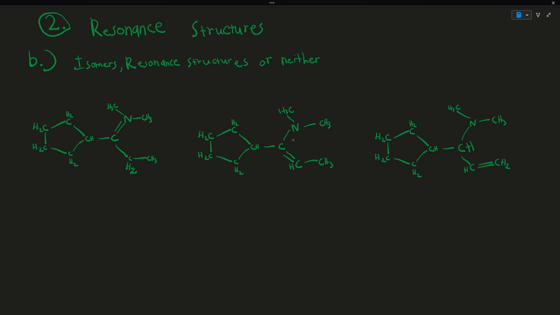Here this carbon doesn't have a hydrogen on this one, but this carbon does have the hydrogen. The hydrogen that was supposed to be here is now on this carbon over here. So the spatial arrangement is different, telling us that they are not resonance structures, and so they have to be isomers.